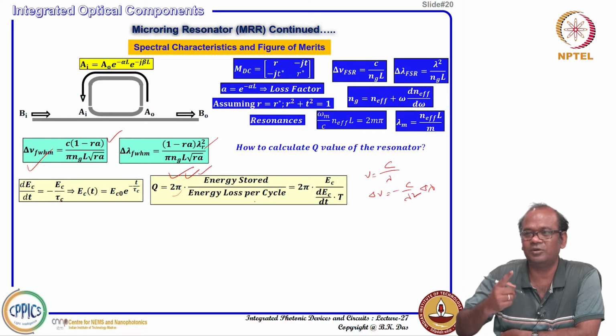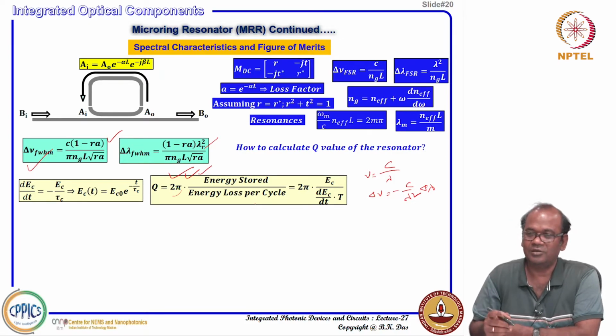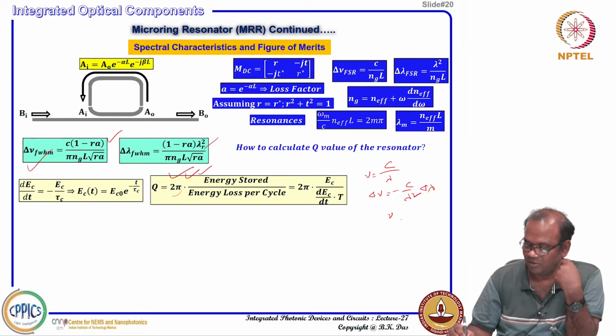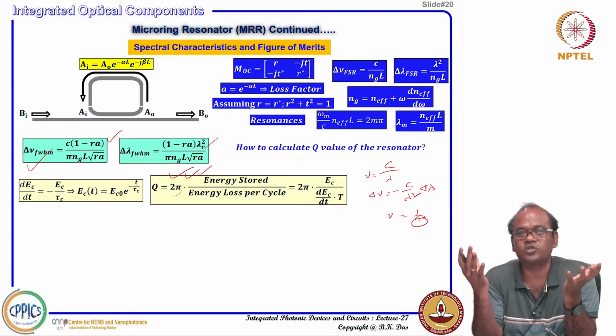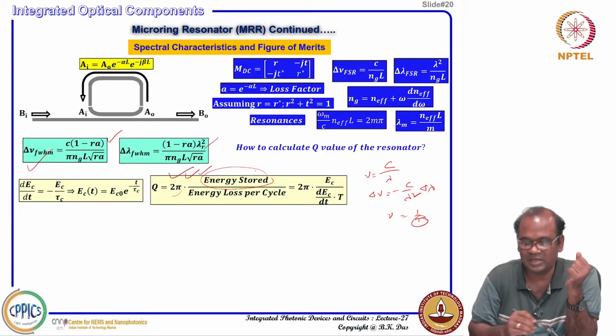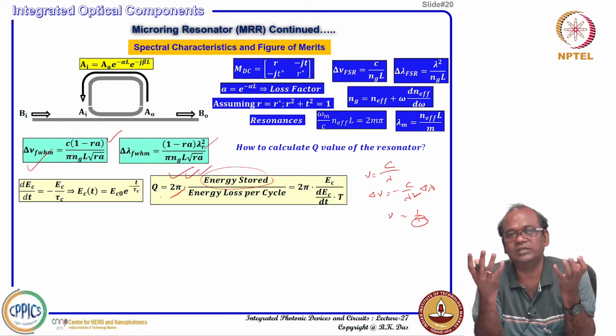So, the time period corresponding to the resonance frequency is called a cycle. Normally, if nu is the frequency, then nu equals 1 by T, where T is the time period. So, within that time, for one cycle of oscillation at resonant frequency, how much energy is getting lost and how much energy is stored inside the cavity. If you take this ratio and multiply by 2 pi, that measures the quality factor.